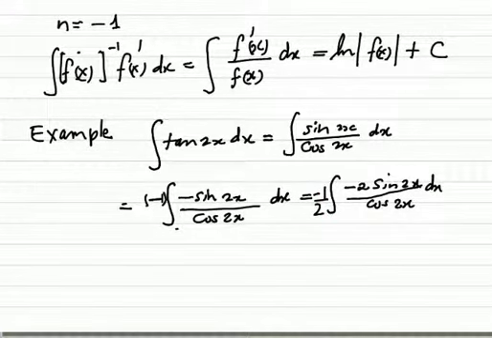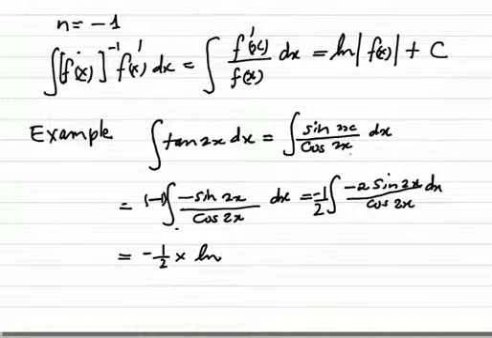Now under the integral sign this is exactly of this structure, so we can integrate by saying minus 1 over 2 multiplied by ln of f of x, which is the denominator here. Then it will be ln of the absolute value of cos 2x.